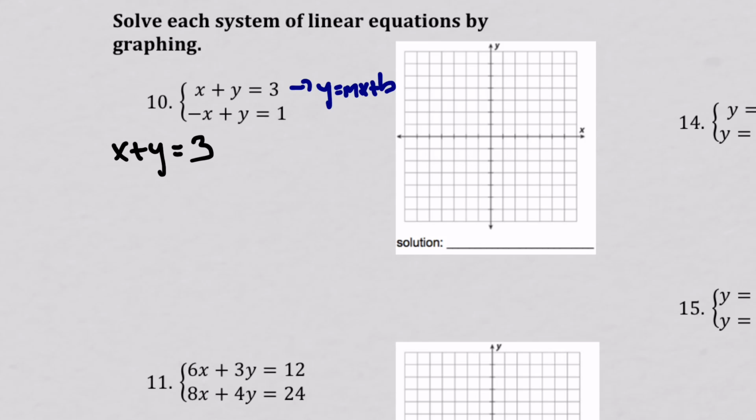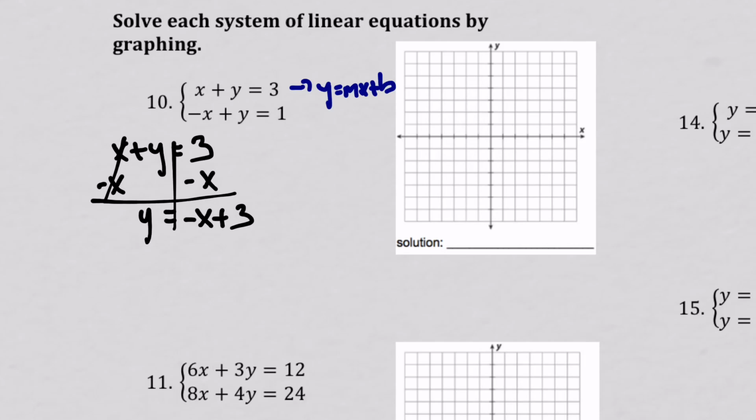To isolate the y, you need to subtract x from both sides. When you subtract the x, you get y equals negative x plus 3. You cannot combine the 3 and the negative x. That would be a very bad mistake to make, a rookie mistake right there. So write them separately, negative x plus 3. Okay, that one's done.